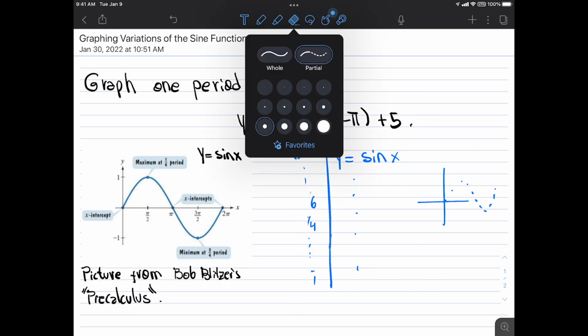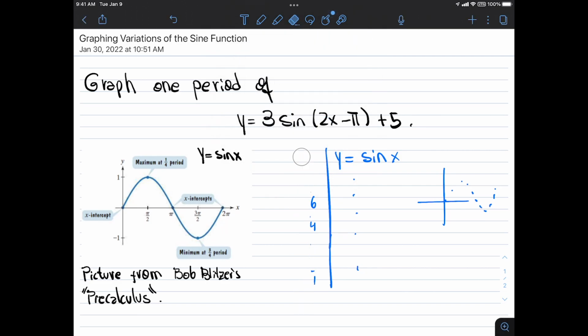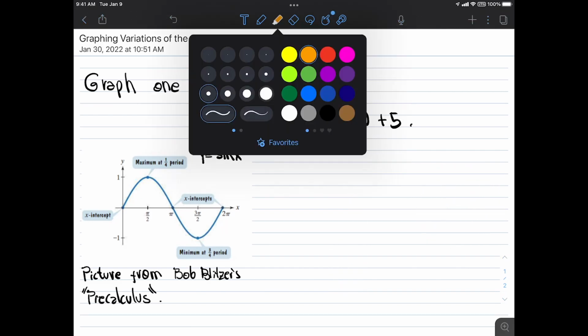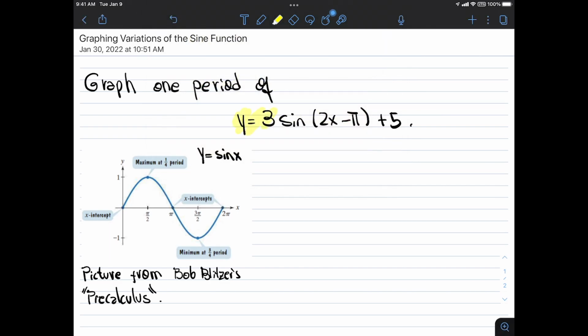But that's not what we're going to do today. What we're doing today is, from that basic shape, find the graph of this more general function, y equals 3 sine(2x minus pi) plus 5. So the first thing you have to notice is that this plus 5 here is going to take this graph and bump it up 5 units.